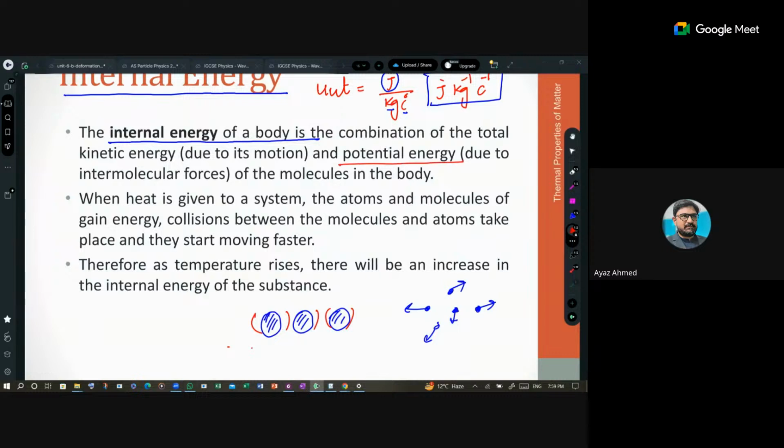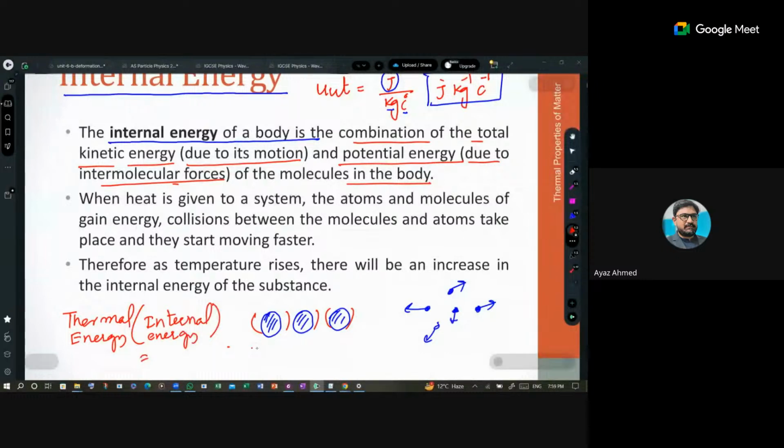Remember that internal energy is the combination of total kinetic energy due to translational motion, and potential energy due to intermolecular forces or vibration of the particles in a body. So what is internal energy? It is the total thermal energy of the system. The internal energy is the sum of kinetic energy and potential energy of the molecules.